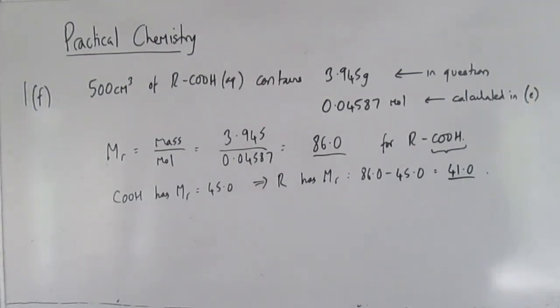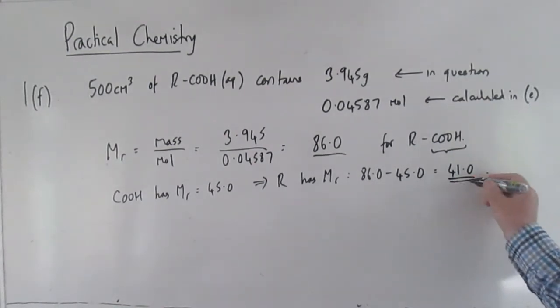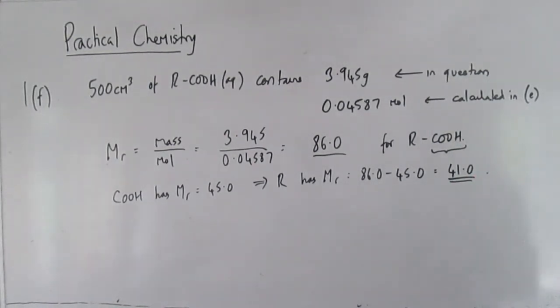And so we then have to work out what R is that will add up to 41. So the thing to do is to think, well, it's just going to be made of carbon and hydrogen. If there was anything else in it, it would tell you. For the purposes of these A-level calculations, we assume it's just carbon and hydrogen unless it tells you that there's something else in there as well. So we say, how many carbons could that be to add up to 41? 4 carbons would add up to 48. That's too much, so that's not possible. 3 carbons is 36.